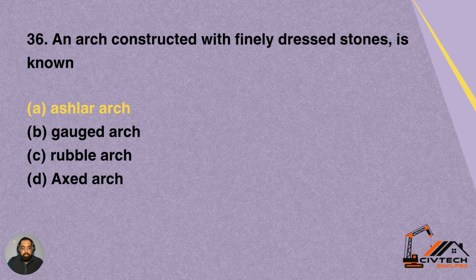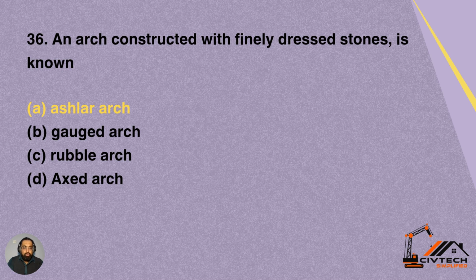An arch constructed with finely dressed stone is known as. So you must have seen the stone masonry arch in which well-dressed or finely dressed stones are used. It used to be in the old Mughal era as well.